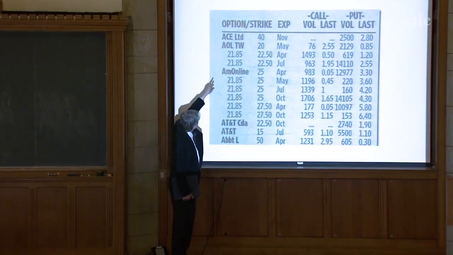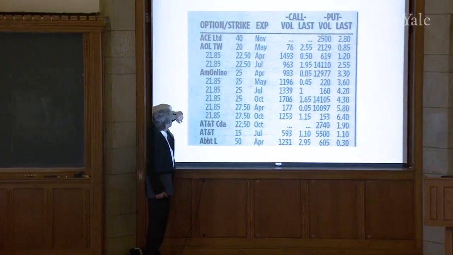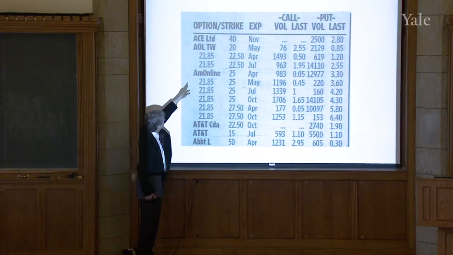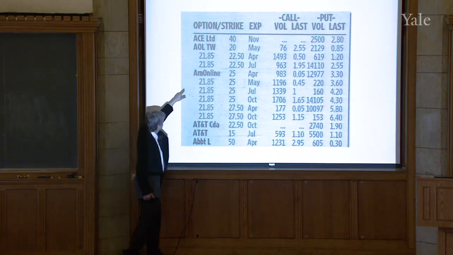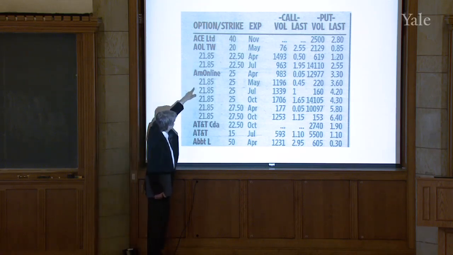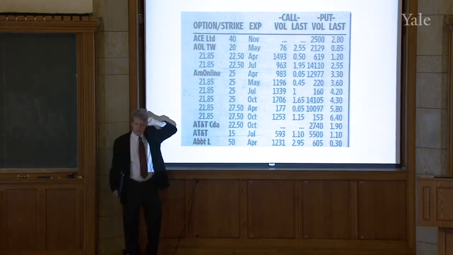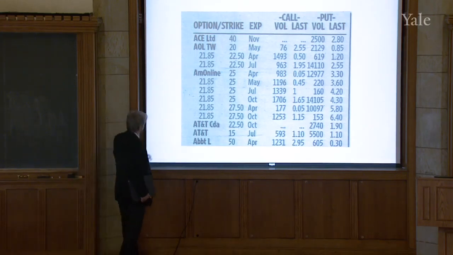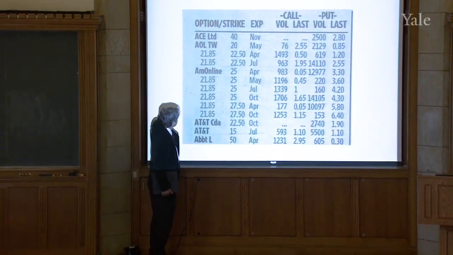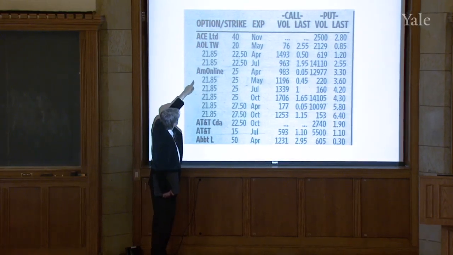Up there, forget ACE Limited. The second row says AOL.TW. That's America Online Time Warner, the merged company. And then below that they have America Online itself. These were options that were issued before the merger, and they apparently are being exercised in terms of the same AOL Time Warner stock.